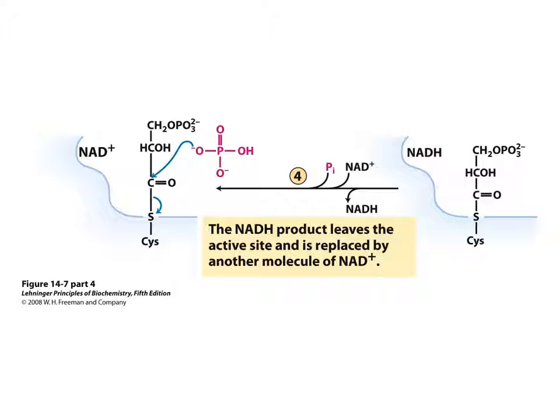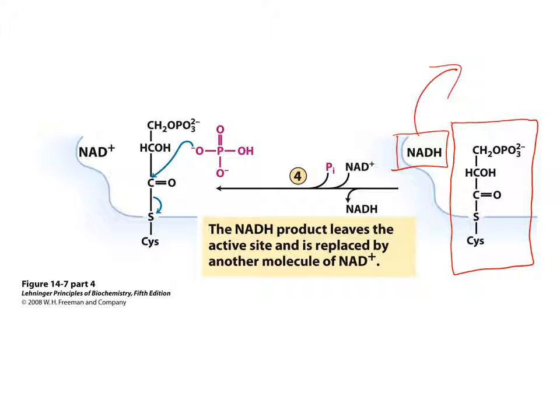So from the previous step, we had this in our enzymatic site. So now we have NADH that is ready to leave, and it leaves. What comes in instead of this NADH is NAD plus and another inorganic phosphate.